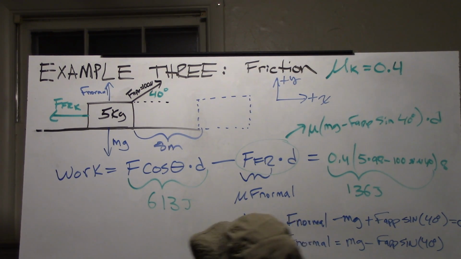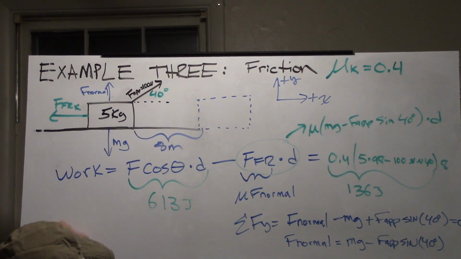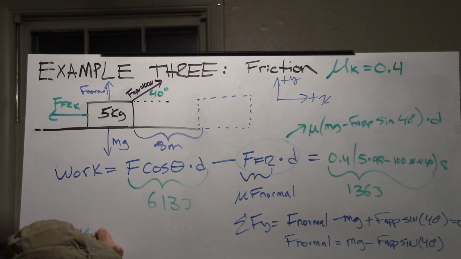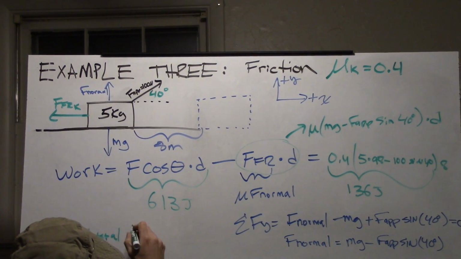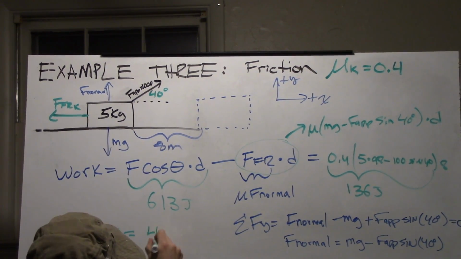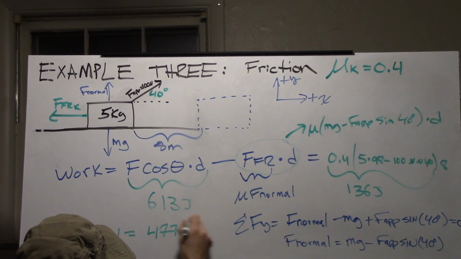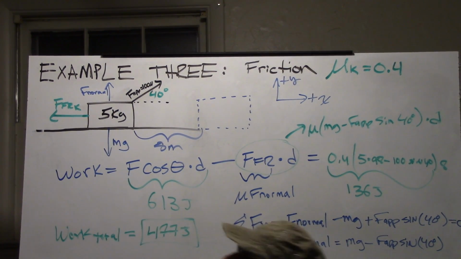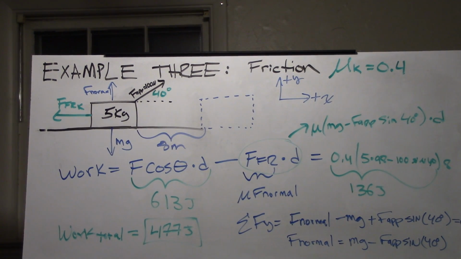So work total on the crate is 477 joules, like that. Number 3, it's time to set you free.